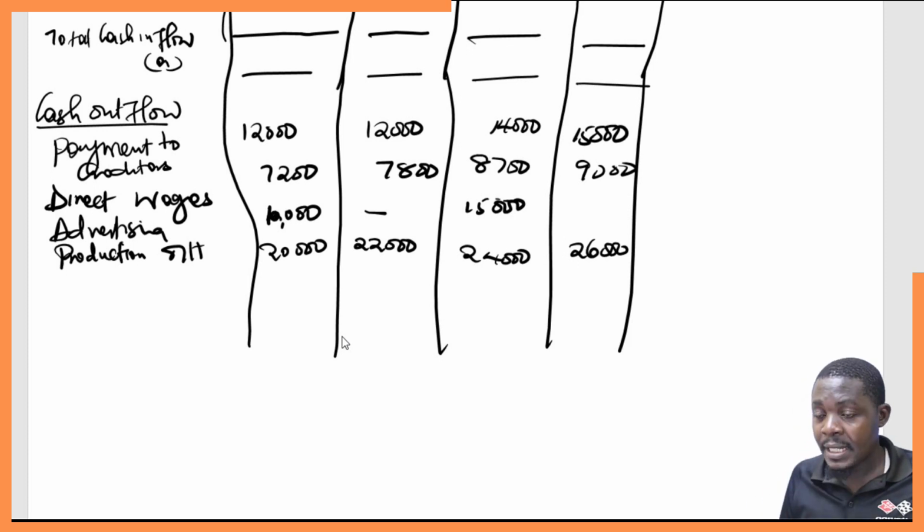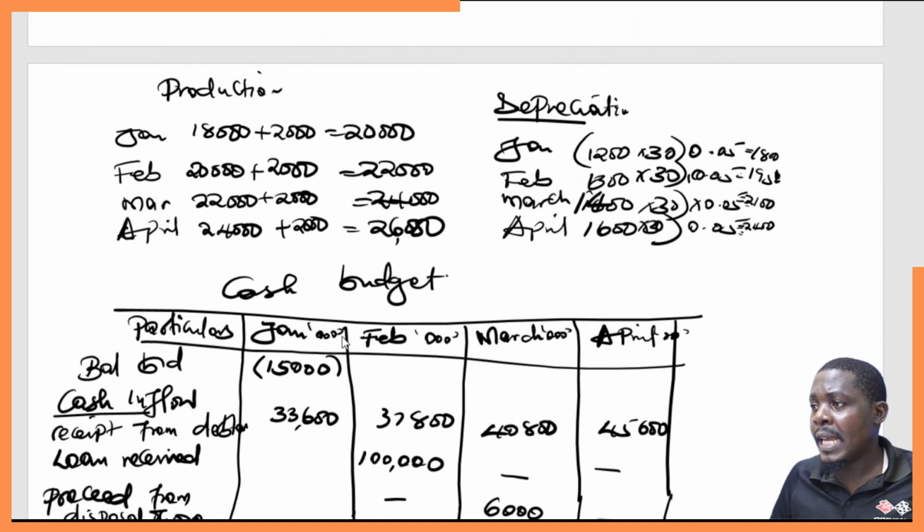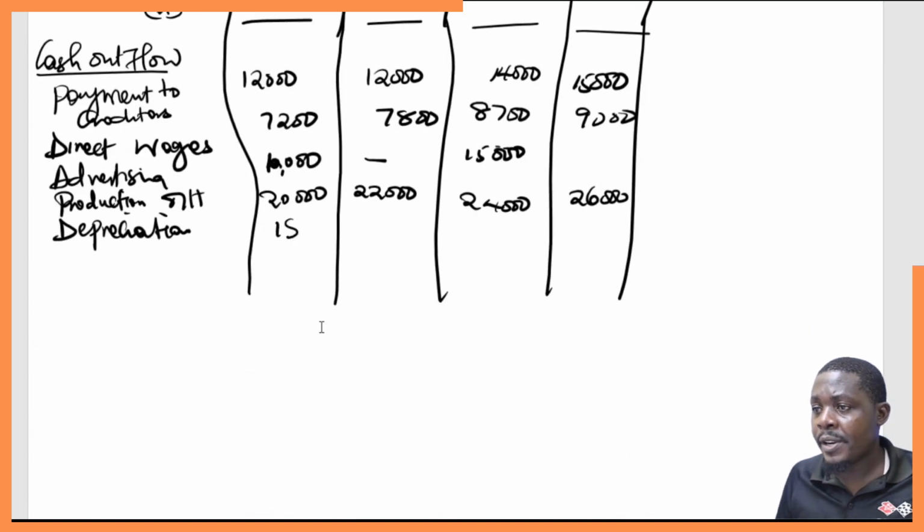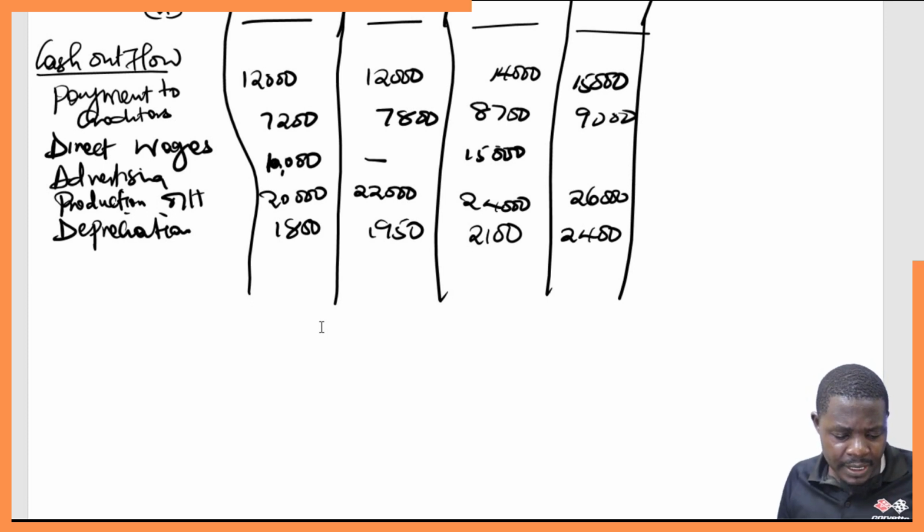Okay, then depreciation, we had 18, 19.5, that order. 1,800, 1,950, we had 21, and we also calculated 24. There's something that I'm forgetting.